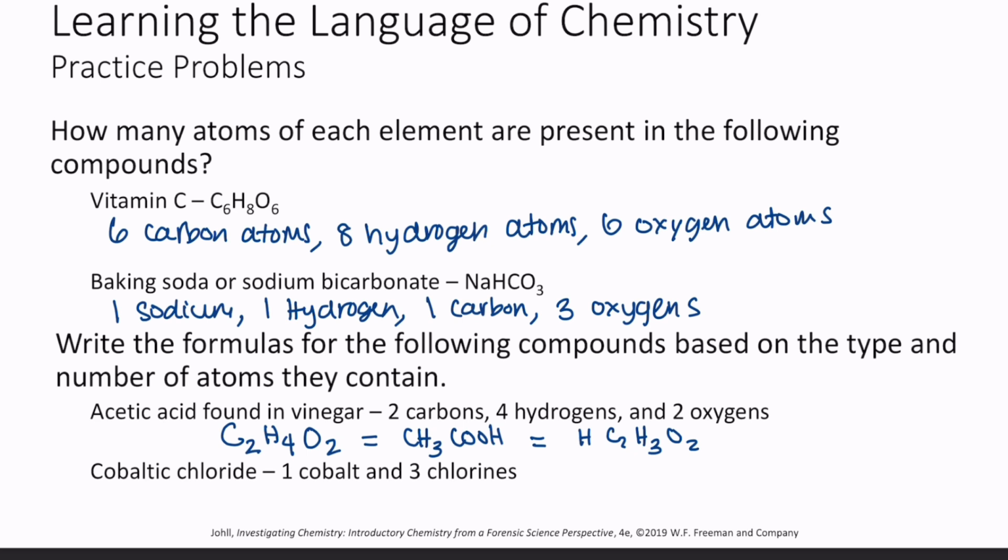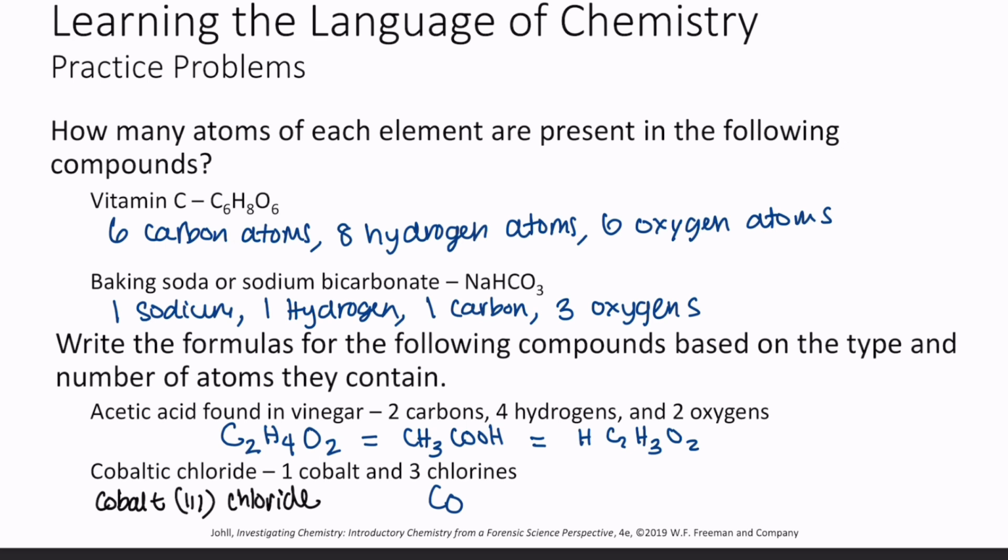Finally, we're going to do cobaltic chloride. Another name for this is cobalt 3 chloride. Now, this has one cobalt, so I'm going to write a capital C and a lowercase o to represent cobalt.